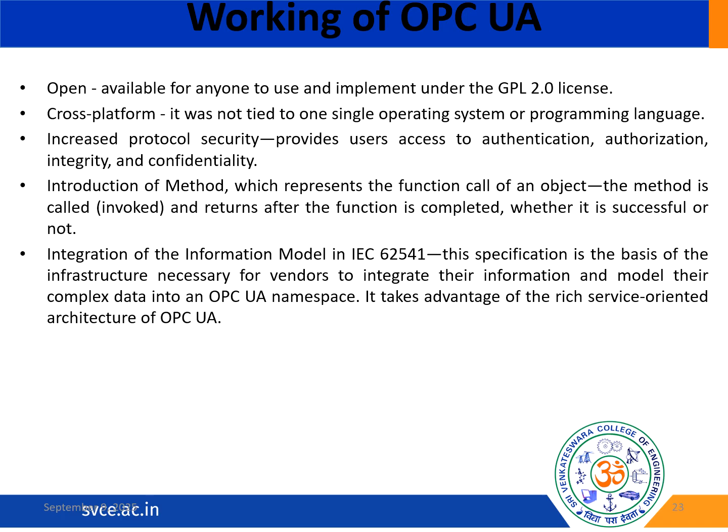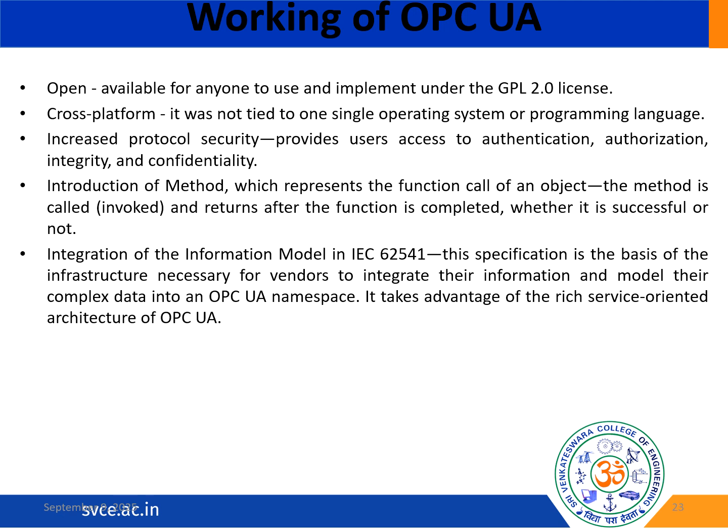So when you consider OPC UA, we have cross-platform support, which means it is not tied to one single operating system or programming language. Due to its increased protocol security, it provides users authentication, authorization, integrity, and confidentiality.